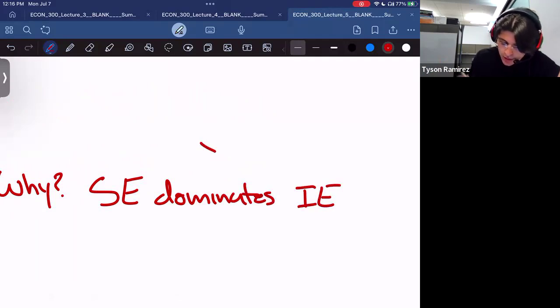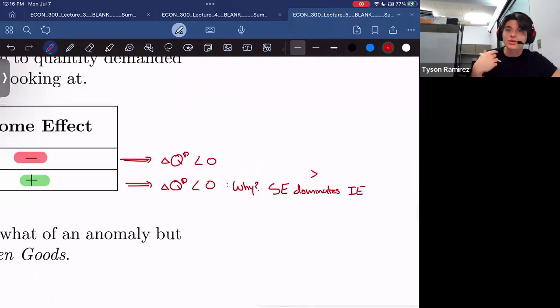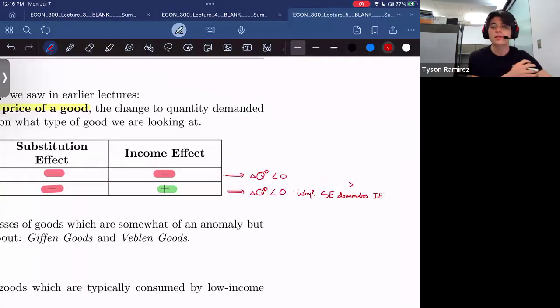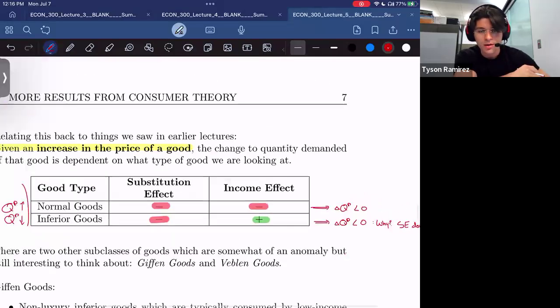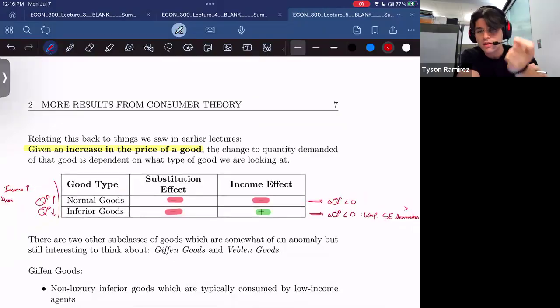The substitution effect in magnitude is usually bigger than the income effect. But it's worth noting that this fits into our mathematical framework that the income effect for an inferior good is positive. But the substitution effect dominates, and so usually you will still see a decrease in quantity demanded.